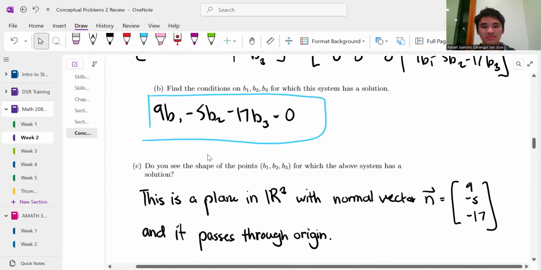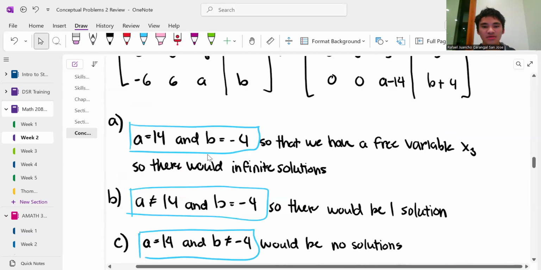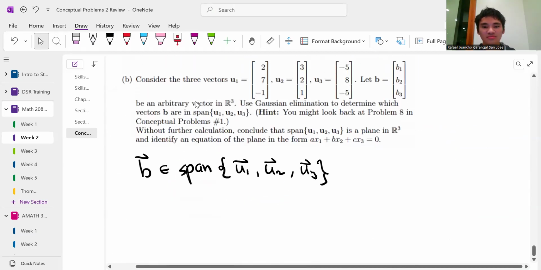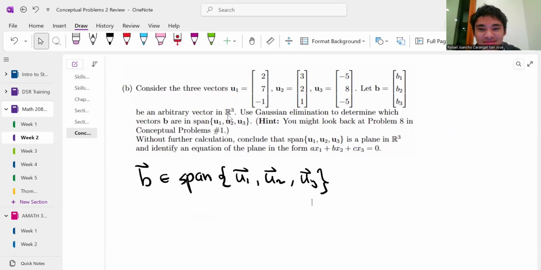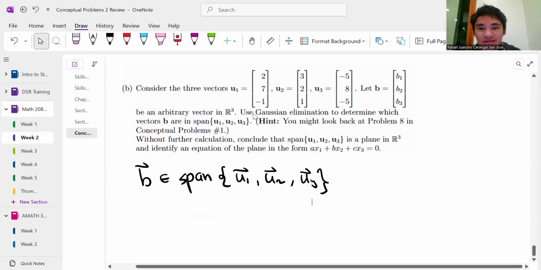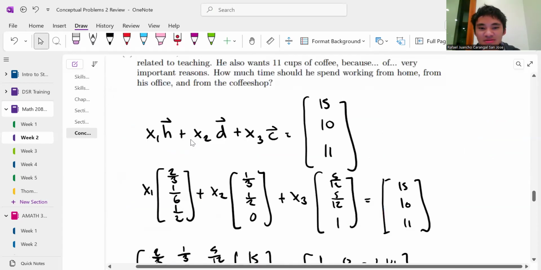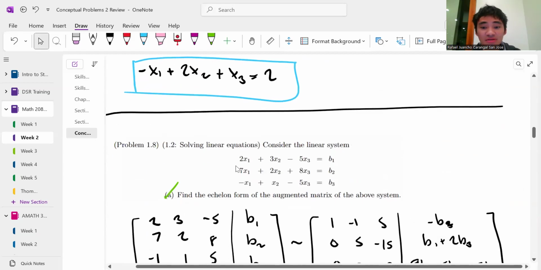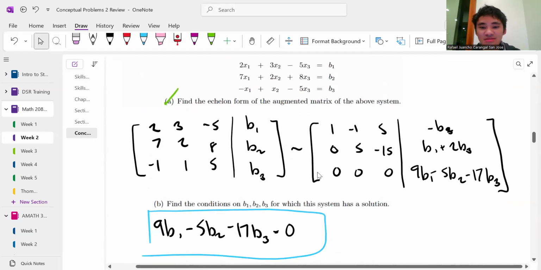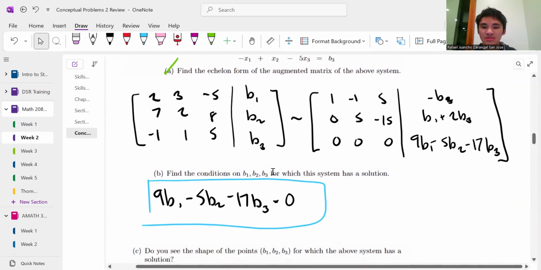Just a plane. Oh wait, are these the same vectors as in problem 8? Let me see if that's a thing. Oh, it is. They are the same vectors. Oh, look at that. We already did it. We did the linear combination. We did this. We got this.